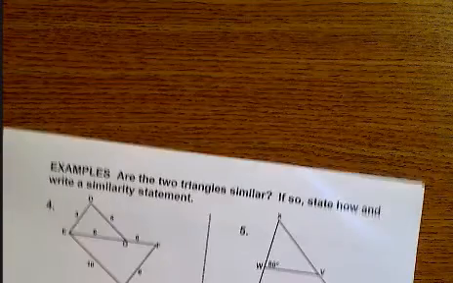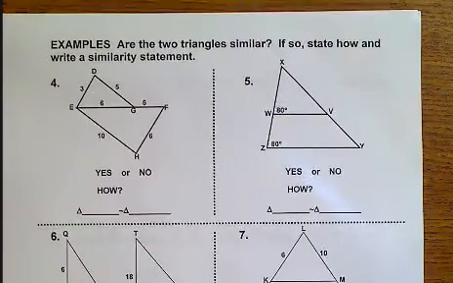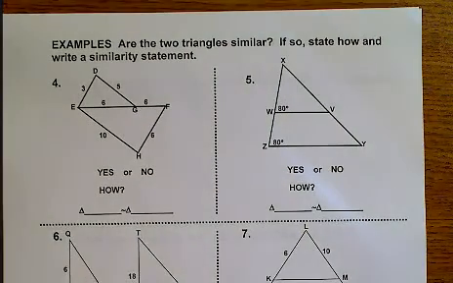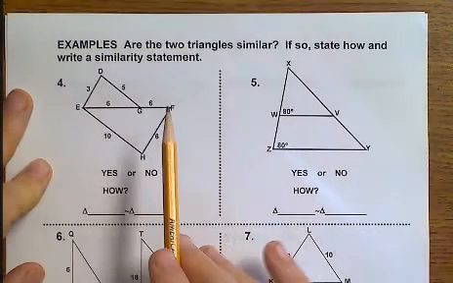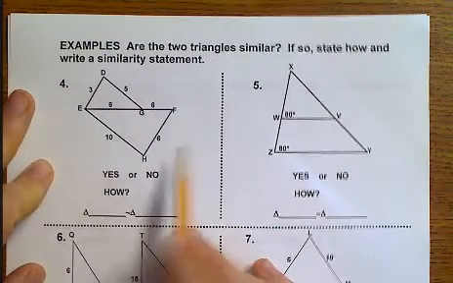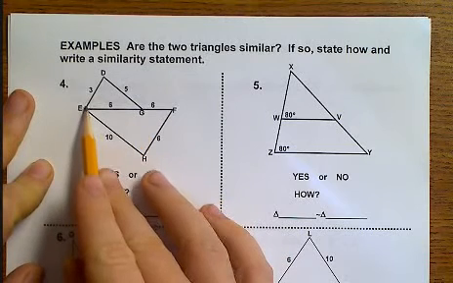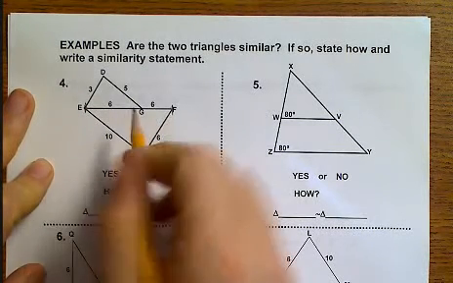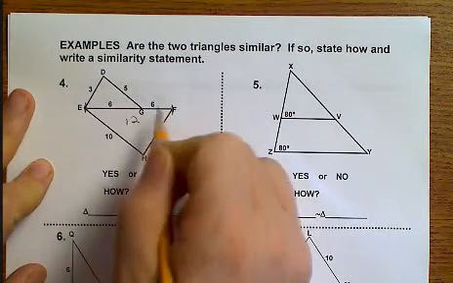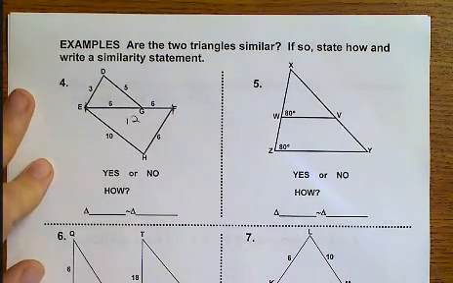Let's go to the next page. So now we've got to say, if they're similar, how, and name them. Well, we don't know anything about angles, so we need to approach sides. And I need to first figure out what EF is. Well, 6 plus 6 makes this whole thing 12. So let's take a look.